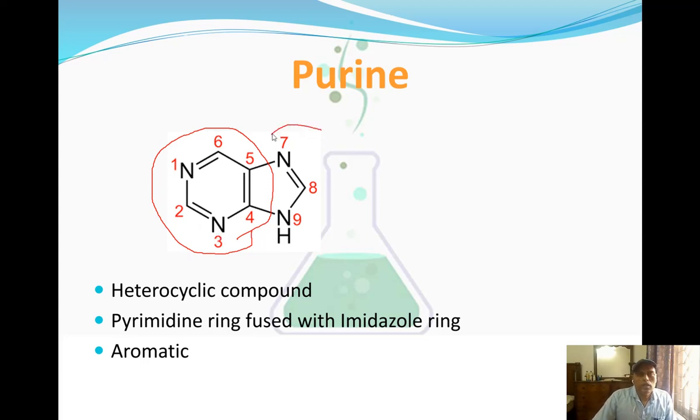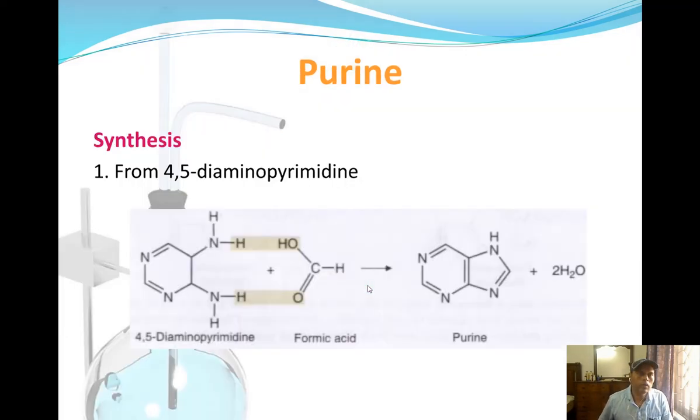And the second ring is imidazole, which we also studied in 5-membered heterocyclic compounds. So this purine is aromatic, so it satisfies the rules of aromaticity.